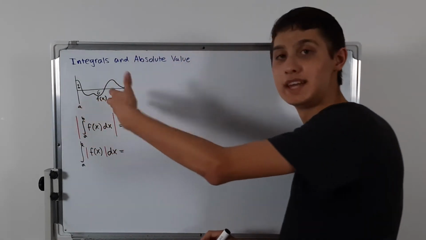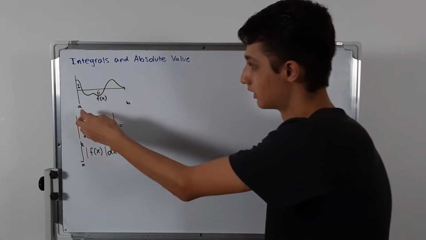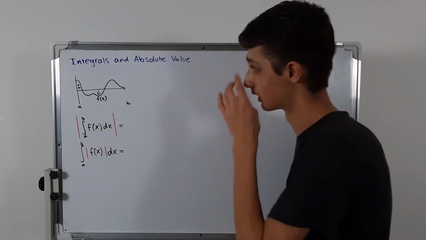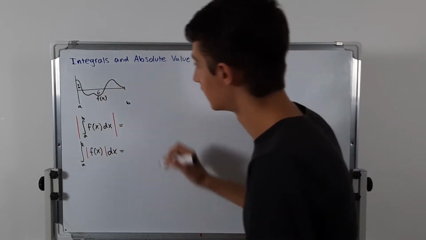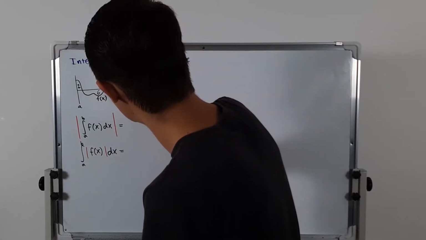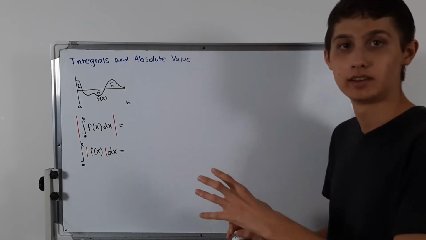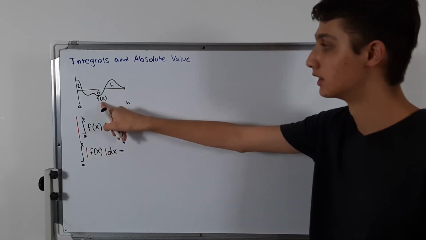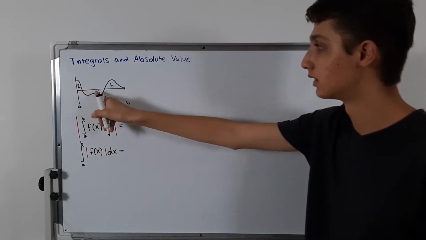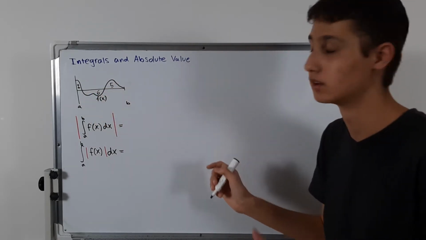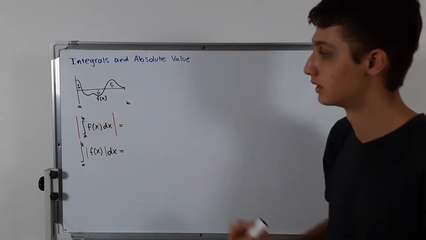This is going to be negative, but since I drew it under the x-axis, it's negative, so it's a negative 6 technically. And then up here, I'm going to say this is probably about 5, right? So if we actually integrated just the function itself, it would be 2 minus 6 plus 5, okay? So it's going to be 7 minus 6, which is 1. So our area of f of x is 1.